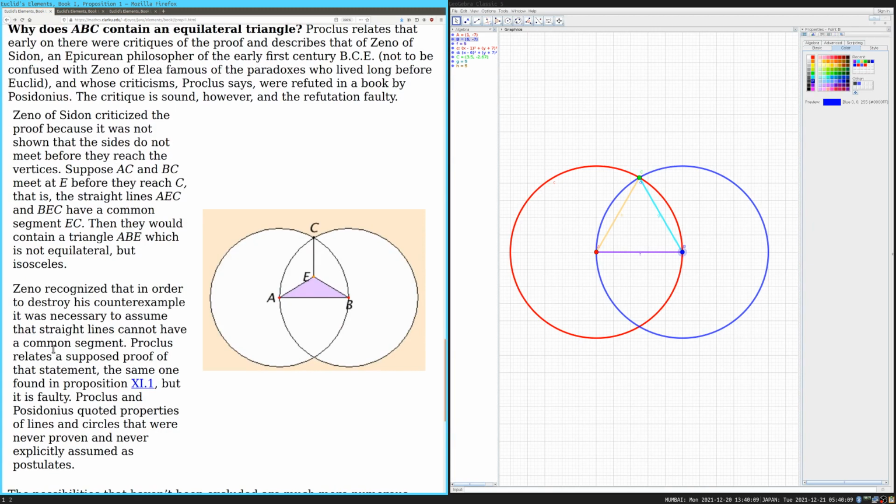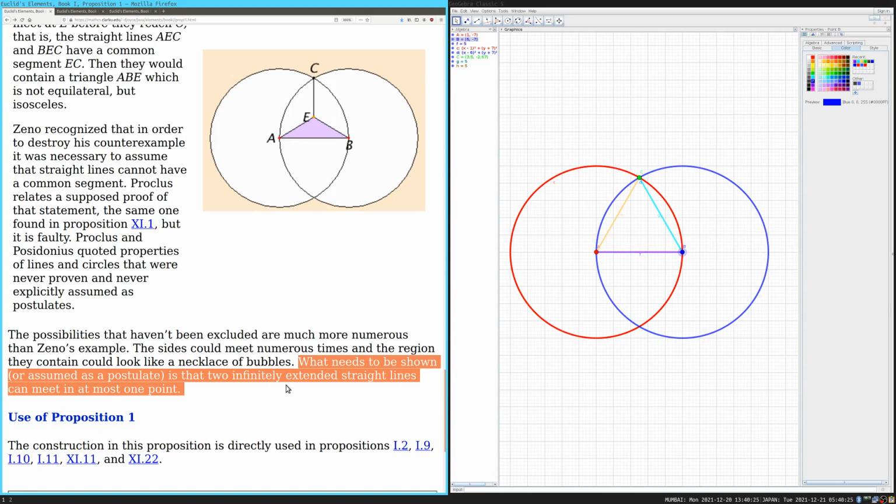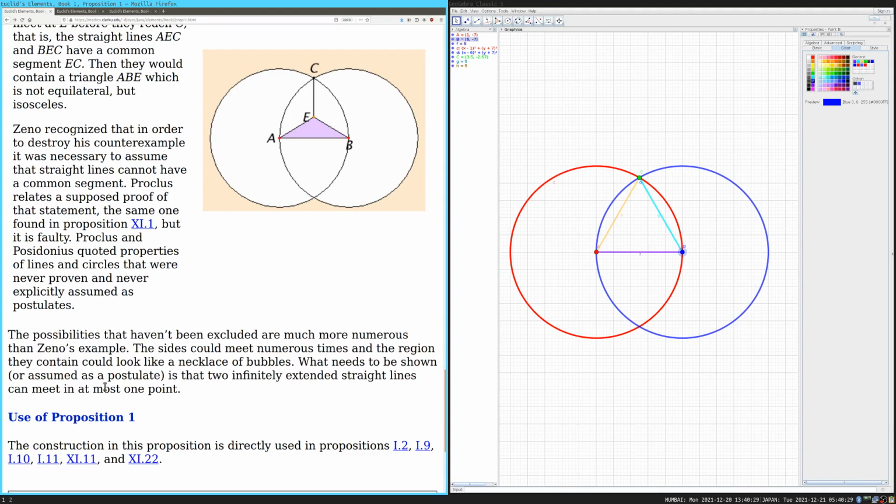Huh. But basically, what needs to be shown or assumed is that two infinitely extended straight lines can meet in at most one point. Okay.